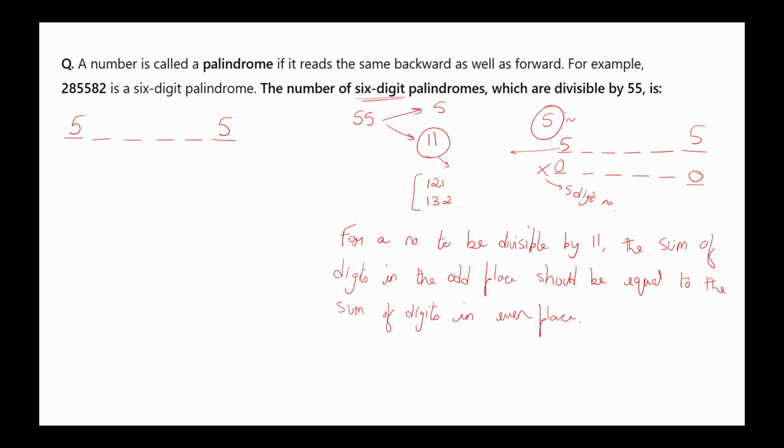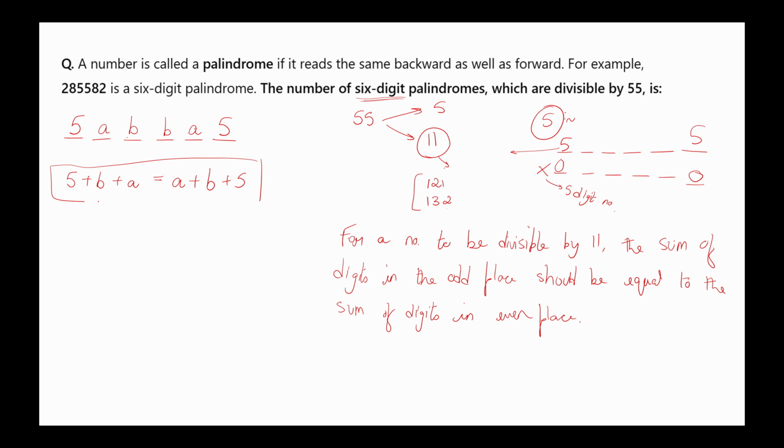That means based on this, what can we assume about the middle 4 terms that we are getting? Let's say if I assume this to be A, of course this is also going to be A, then these terms would become B. Now what I'm saying is that 5 plus B plus A, the terms in the odd position, should be equal to the sum of terms in the even position, A plus B plus 5.